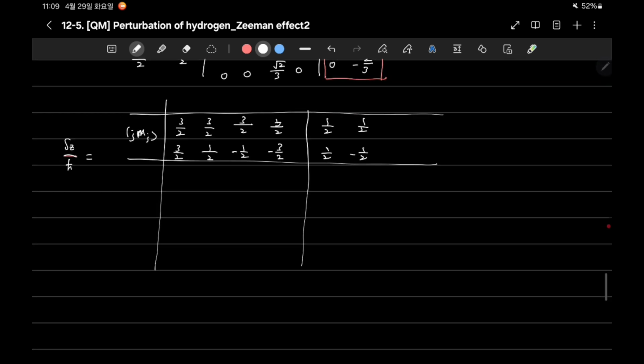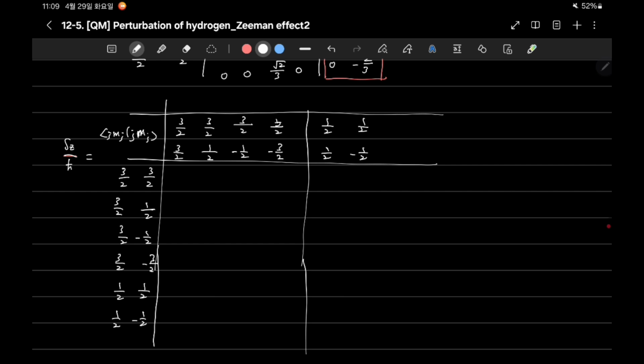And also the other here is the mj case, also the 3/2 case: 3/2, 1/2, minus 1/2, minus 3/2. For the j equal to 1/2 case, it is 1/2, minus 1/2.